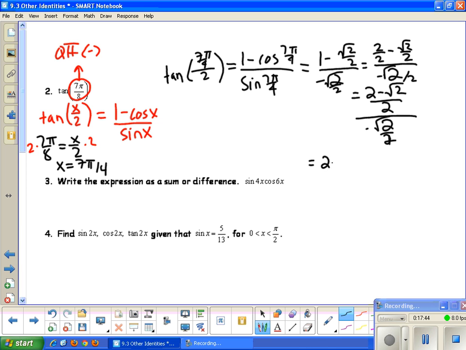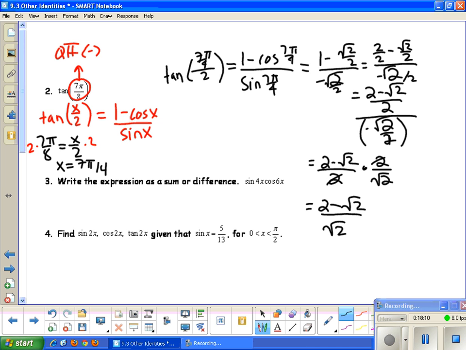So we have 2 minus root 2 over 2 from what we got in our numerator, and then I'm going to flip this fraction here, so multiply that by 2 over the square root of 2, and then you'll notice that your 2's cancel out to leave you with 2 minus root 2 over root 2.